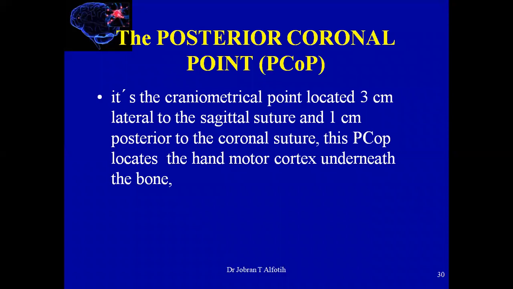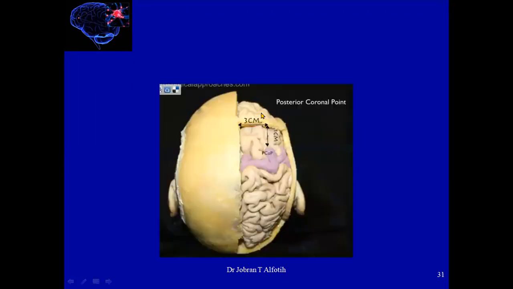The posterior coronal point is another craniometrical point. It is located 3 centimeters lateral to the sagittal suture and 1 centimeter posterior to the coronal suture. This point is the location of the hand motor cortex underneath the bone. As we see here, 3 centimeters from the sagittal suture and 1 centimeter posterior to the coronal suture, the area is the activation of the hand.